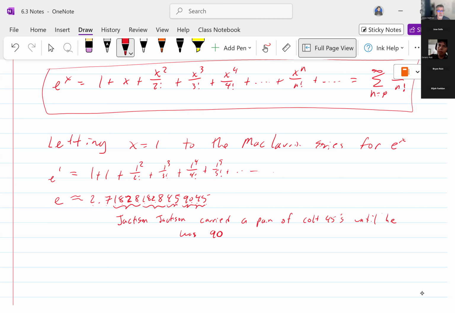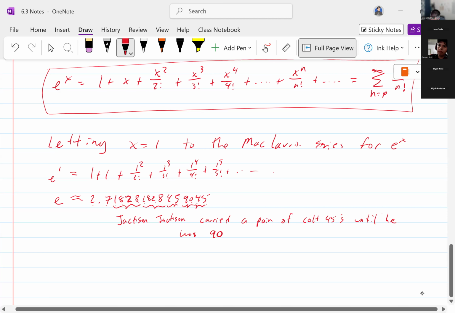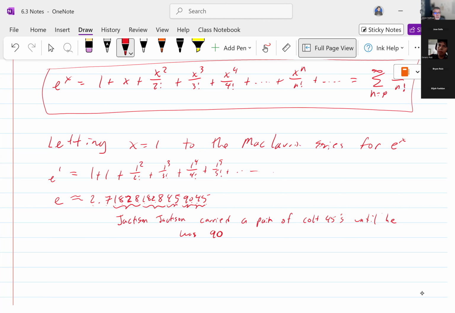Andrew Jackson was the president of the United States. He carried a pair of Colt 45s. Why? Because he actually was in a duel before he became president. You could actually duel people, I guess, back in 1828. I don't know, 200 years ago, people were kind of out of their minds. So you could challenge someone to a duel, and he did.